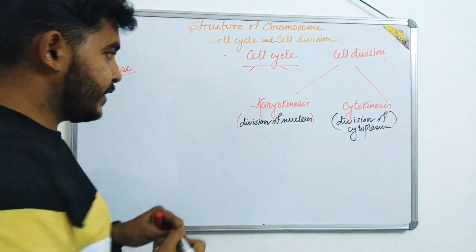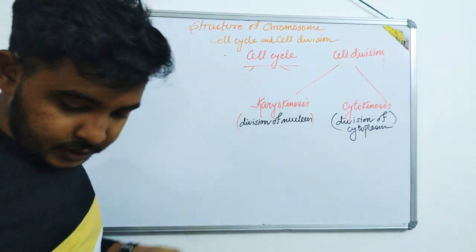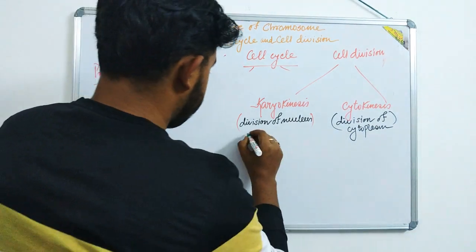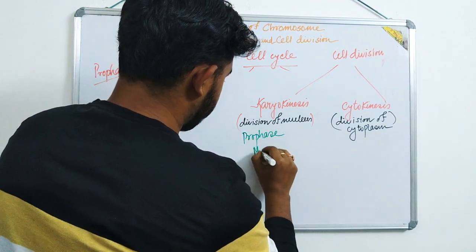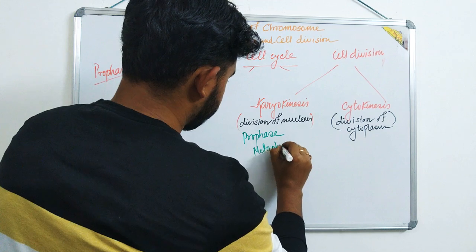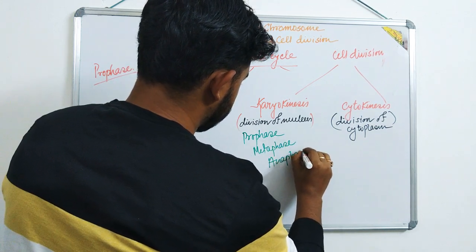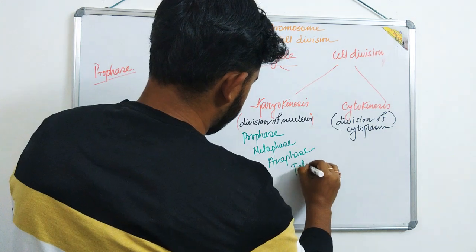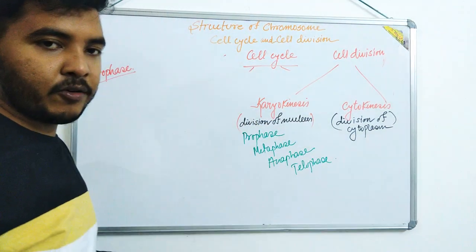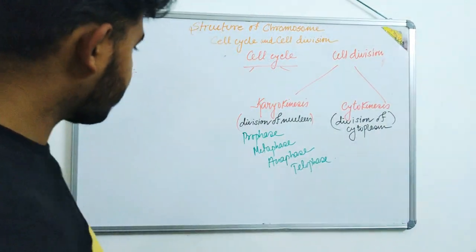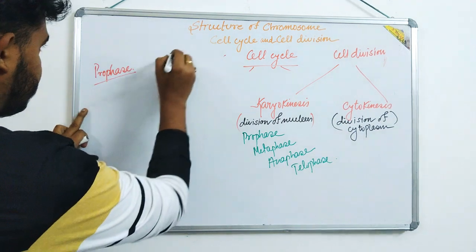This prophase, this metaphase, this anaphase, this telophase, they all come inside this karyokinesis. So what do I mean by prophase?